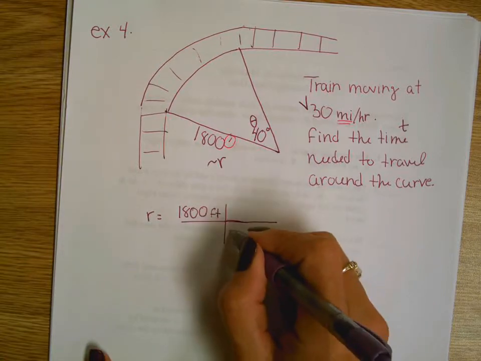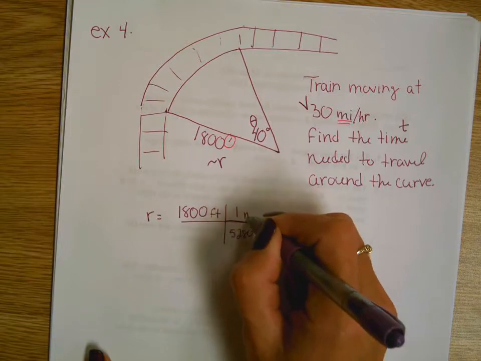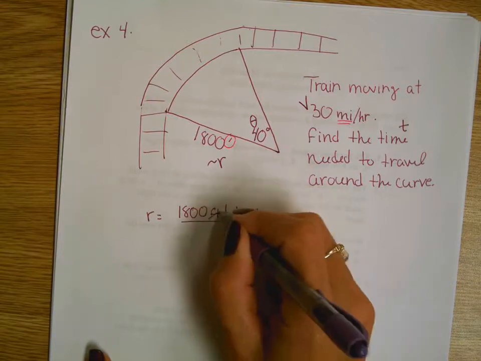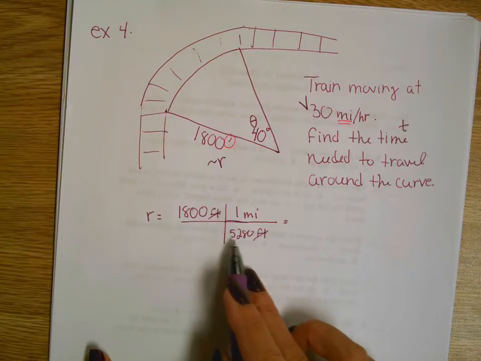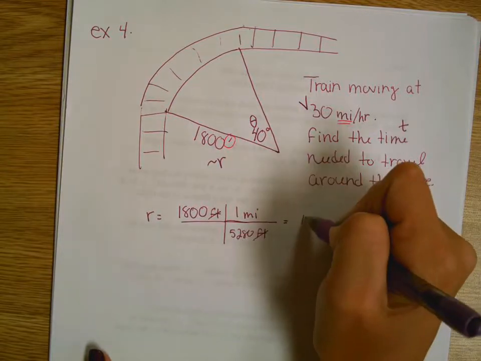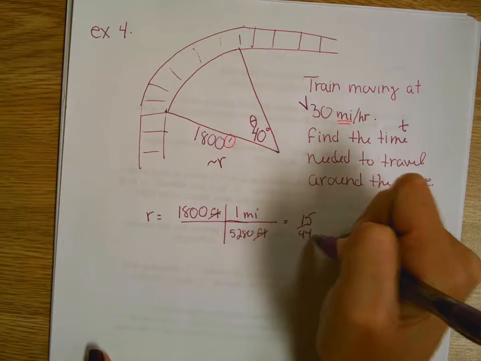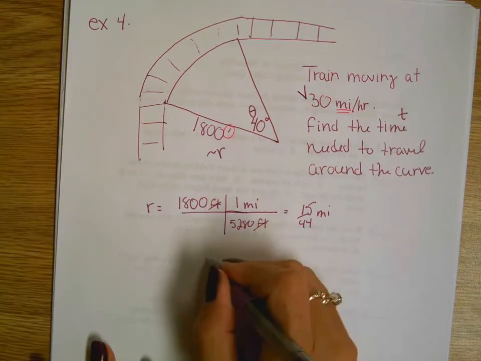On the bottom, 'cause it's got to cancel. 5,280 feet, 1 mile. So if you take 1,800 and divide by 5,280, if it's a decimal that runs on, kick it back to a fraction. 15/44 miles.